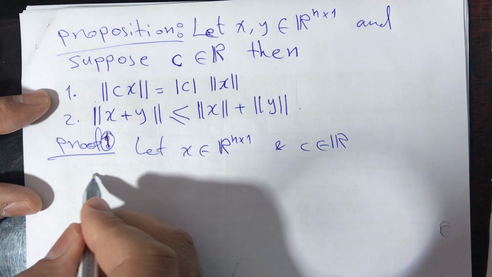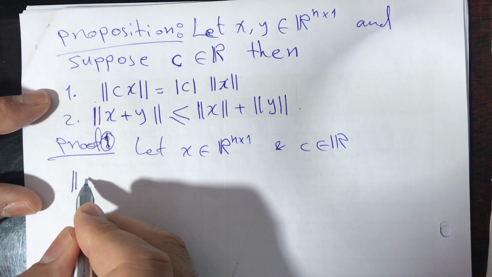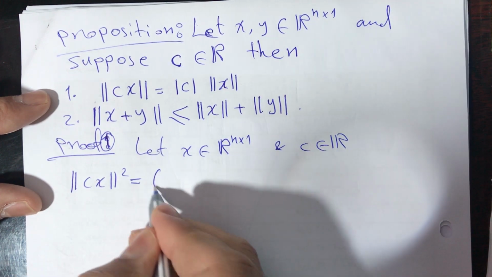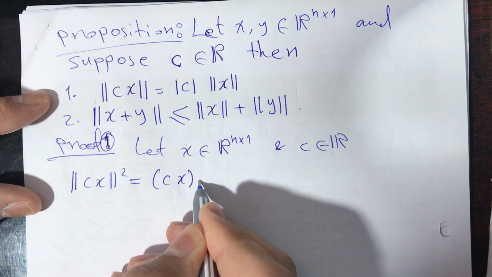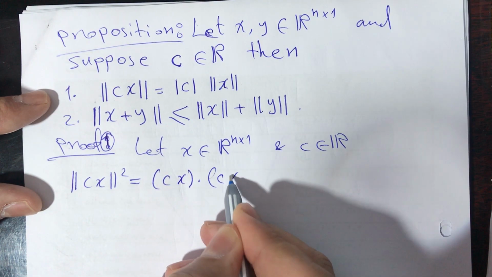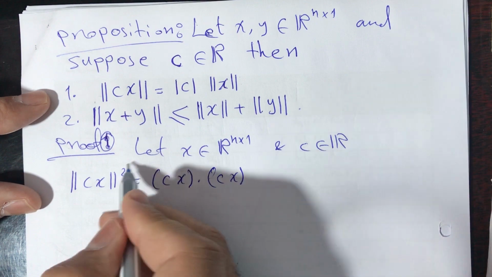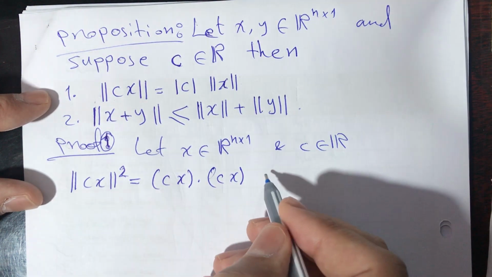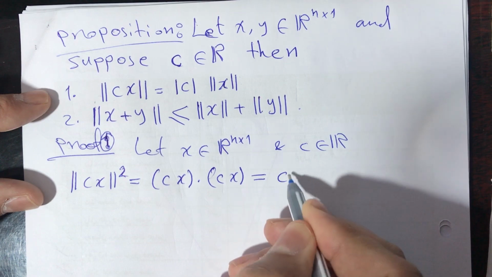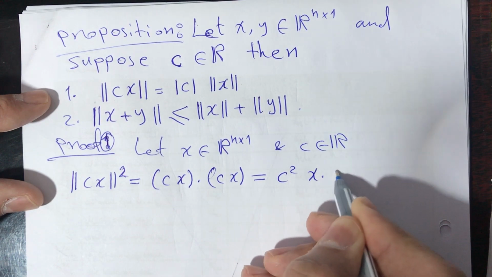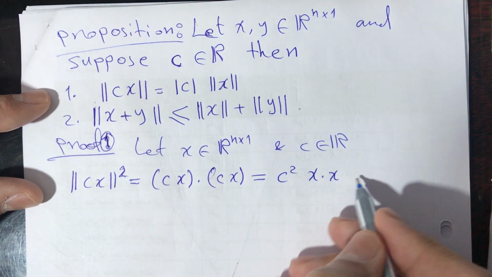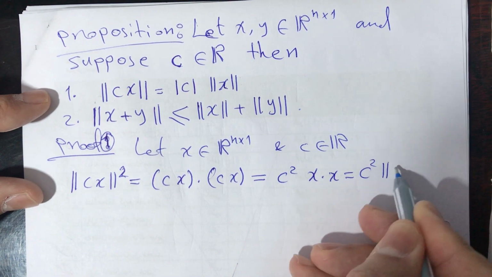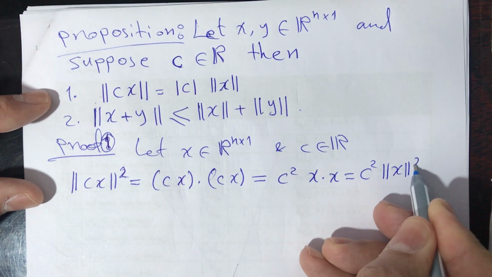Now we calculate the norm of cx squared, which is equal to cx dot cx, by definition of norm, because this is squared. This is equal to c squared times x dot x, which is equal to c squared times the norm of x squared.